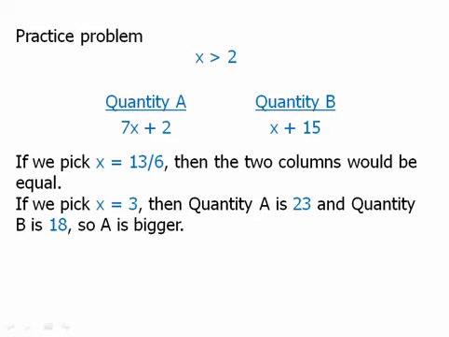So two different numbers give us two different answers. In fact, if we picked a number that was less than 13 over 6 but larger than 2, say 2 and 1/100th, then it would actually turn out that quantity B is bigger. So we can get any kind of relationship that we want here, greater than, less than, or equal. So obviously there's not a constant relationship. The answer must be D.